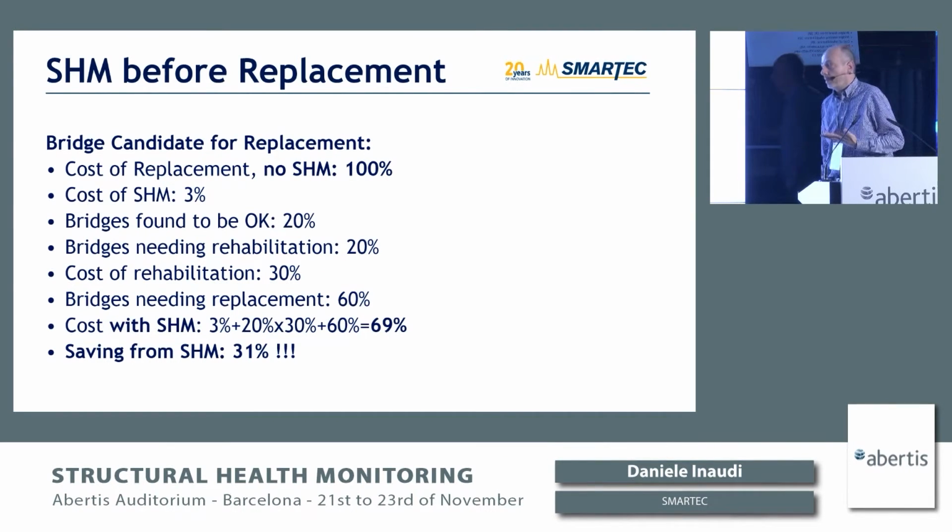I think it's very important that when decisions like this are taken, more quantitative information is taken into account. Not only visual inspection, maybe non-destructive testing, but more information closer to the structure, behavior, and condition of the structure.